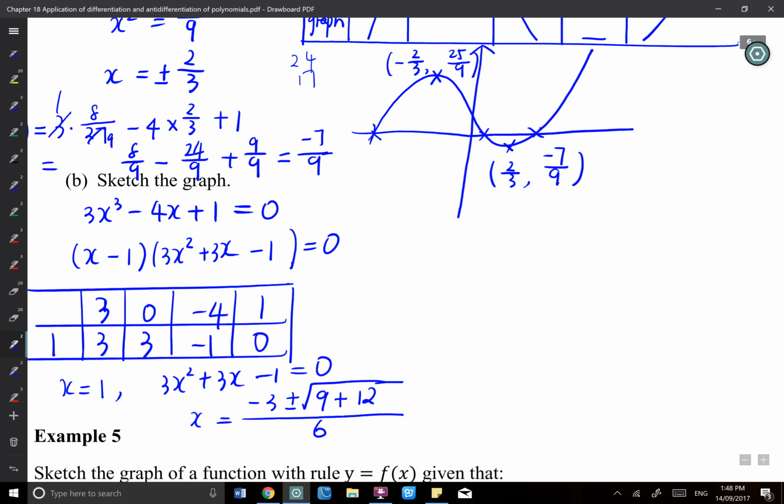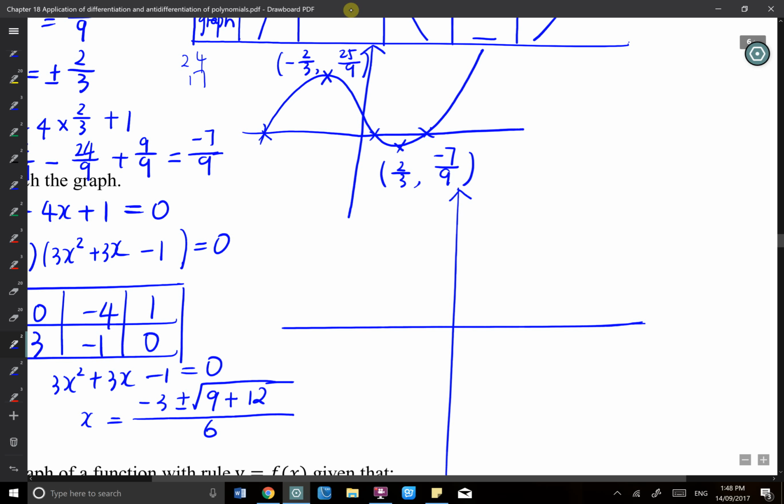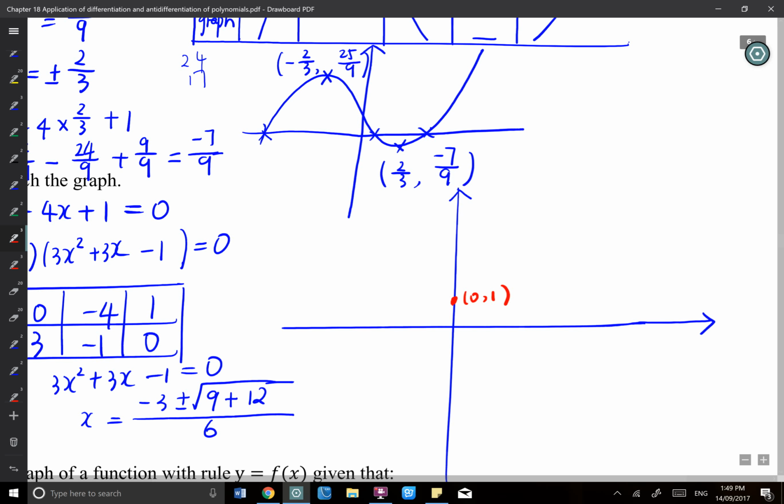So if I'm sketching this graph, the first value is 0, 1, about here. That's the y-intercept. And I can have negative 2/3, and then that one.